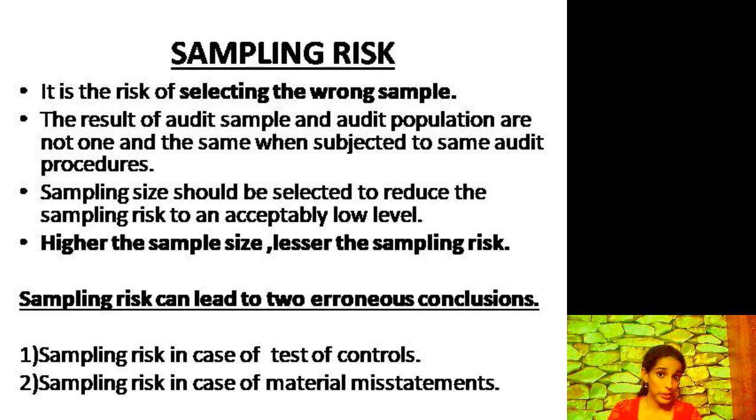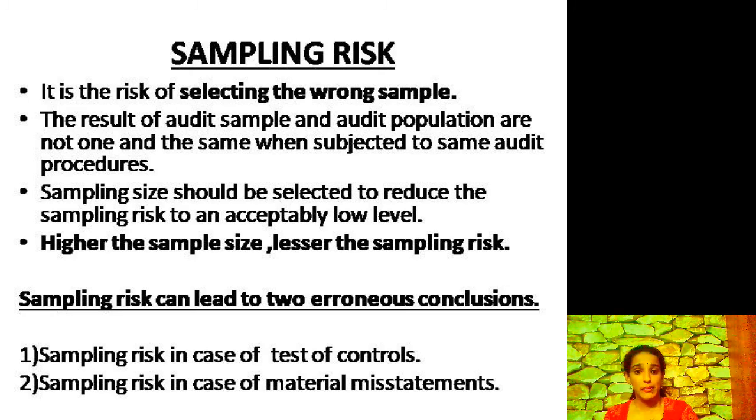It could be subjective or there could be some kind of bias, or maybe sometimes even without any bias he is selecting a sample. Sometimes whichever sample he selects from the population might not represent the population. It might go wrong. So there is some kind of risk associated with selecting the wrong sample. This kind of risk associated with selection of a wrong sample is called a sampling risk.